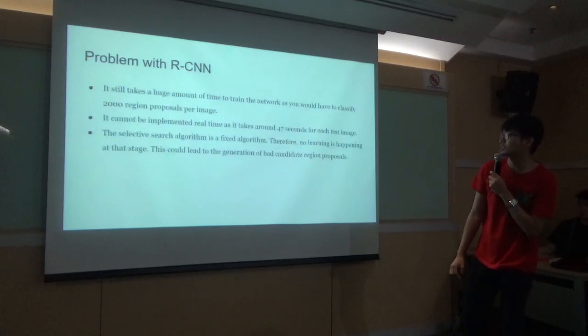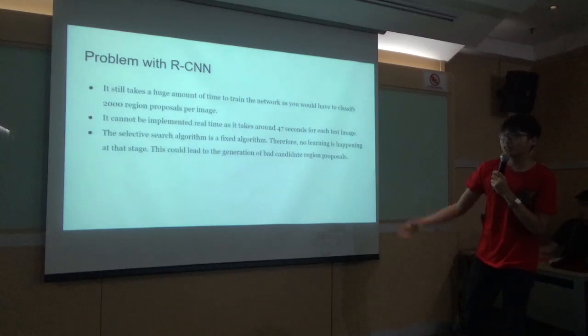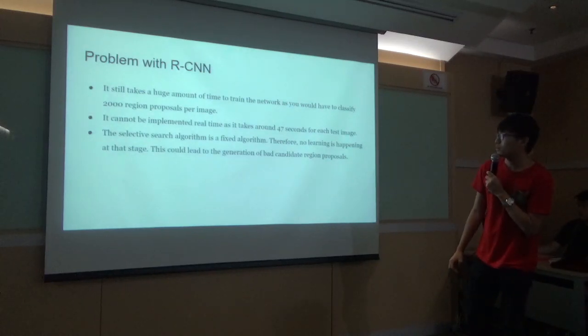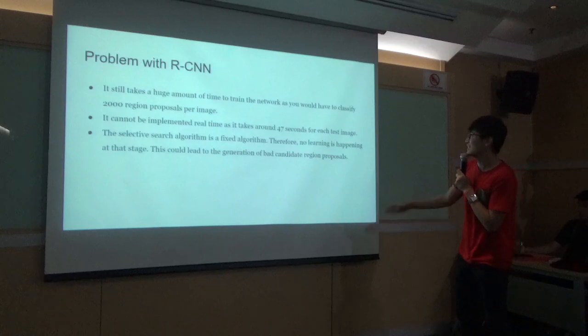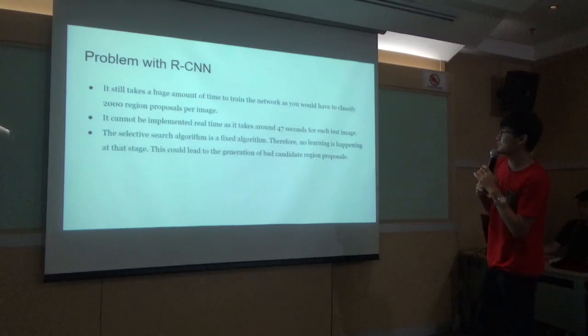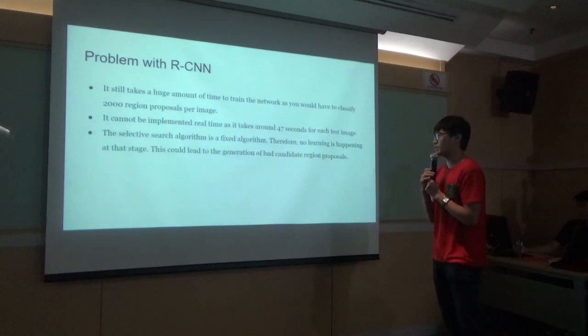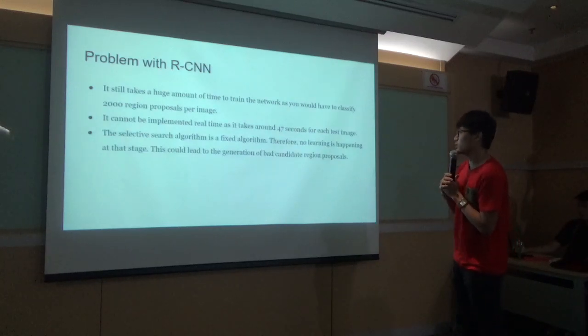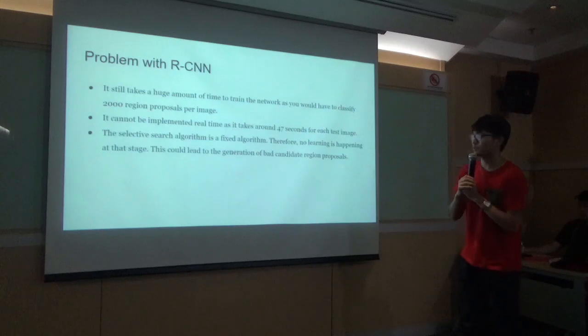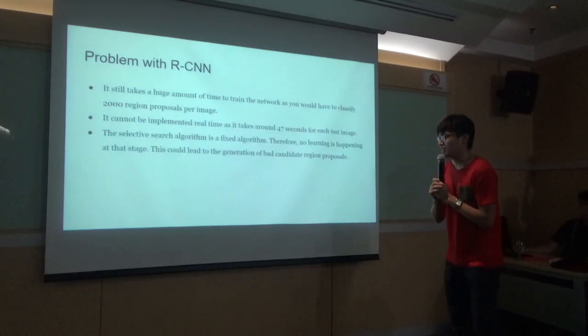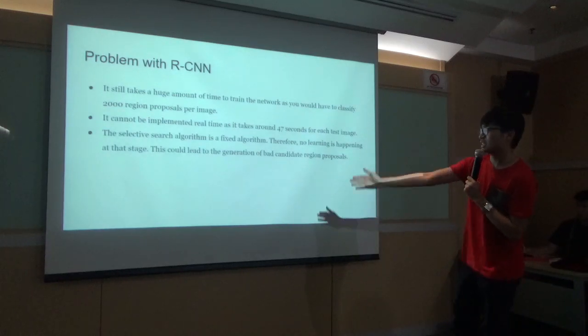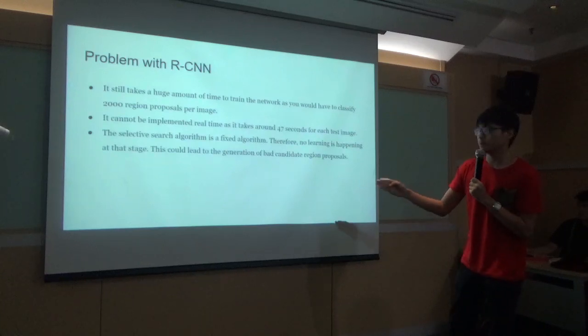Okay, next. The problem with RCNN is it takes a lot of time. The network would have to classify thousands of region proposals per image. It cannot be implemented in real time as it takes around 47 seconds for each test image, so it's very slow. And the selective search algorithm is a fixed algorithm.